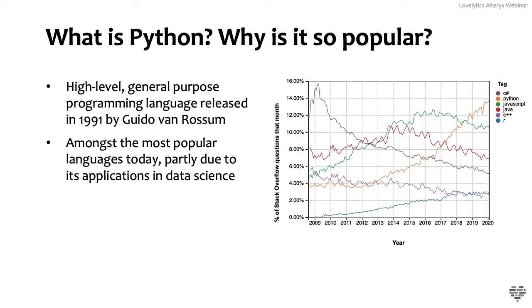That's pretty impressive for Python, and a big part of it is due to its applications in data science. You can see that R has also had a significant increase in the number of people who are taking it.